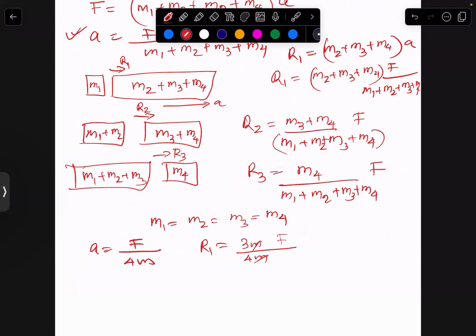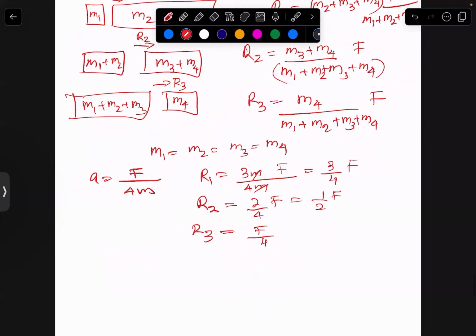That means 3 by 4 F, right? R2 will become 2 by 4 F, that is equal to 1 by 2 F. And R3 will become F by 4. So R1 is greater than R2 is greater than R3. This will be the relation if the masses are equal.